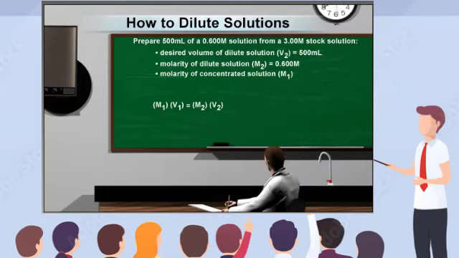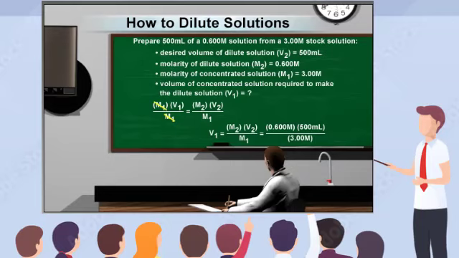M1 equals the molarity of the concentrated solution, and in this example, M1 equals 3 moles per liter. Rearrange the equation to solve for V1. Then substitute the numbers into their appropriate places in the equation.